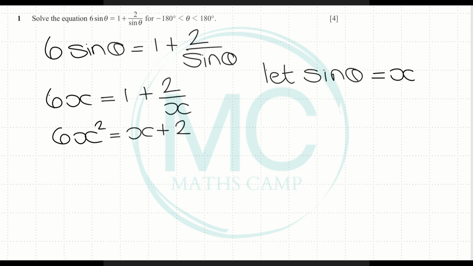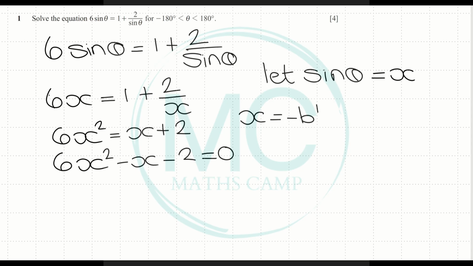Now we have a quadratic, so let's move our x terms to the left, and we get 6x squared minus x minus 2 is equal to 0. In your exam, when working with a quadratic, the best way to solve for x is to use the quadratic formula. X is equal to negative b plus or minus the square root of b squared minus 4ac, all over 2a.